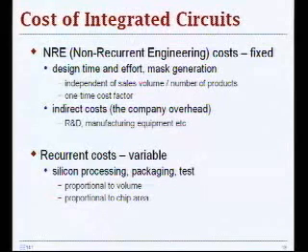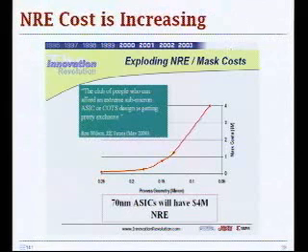Okay. So non-recurring cost is increasing, and shown in this slide is non-recurring engineering cost in terms of mask cost as we go over different process generations. So basically, to provide a set of masks for a manufacturing process, it will cost more and more in time.